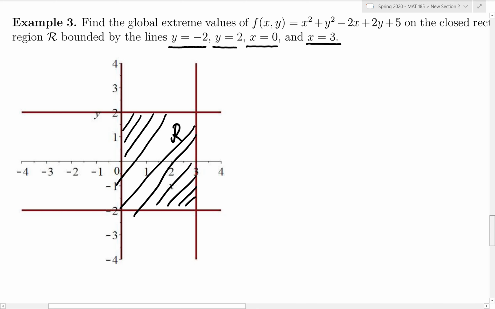So we want to find the global max and global min of our function on this region. The first question we'd like to ask ourselves is, are we always guaranteed to have a global max and global min for that function on this region? And the answer is yes. f is smooth, right?